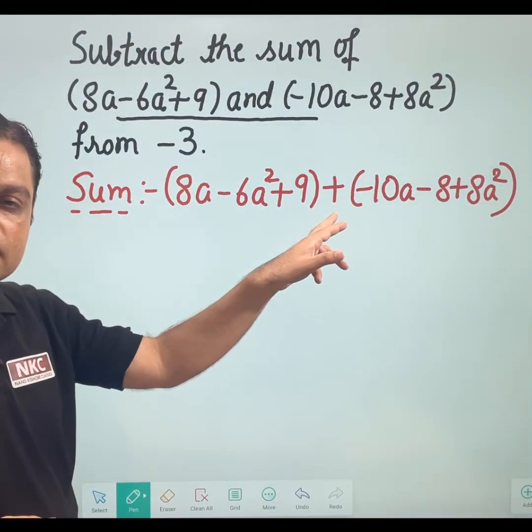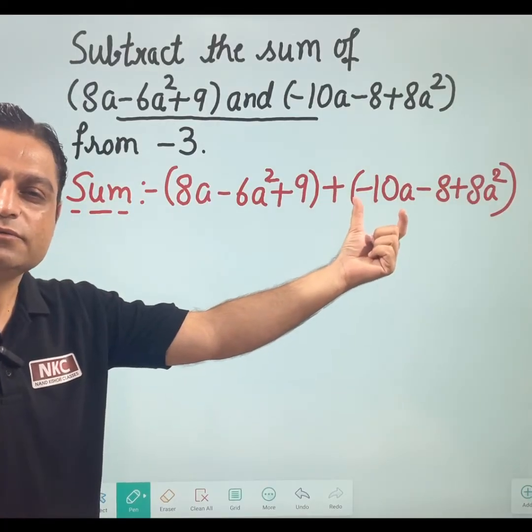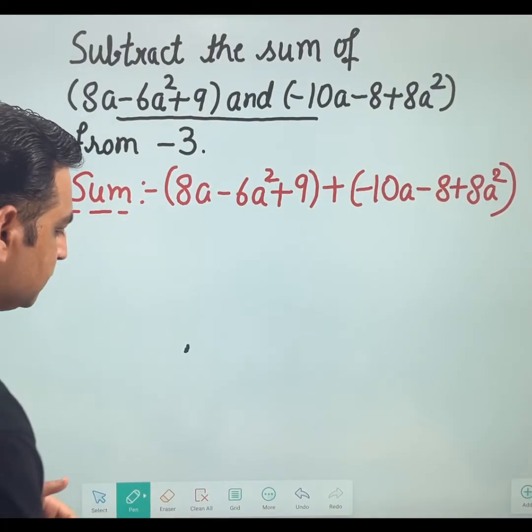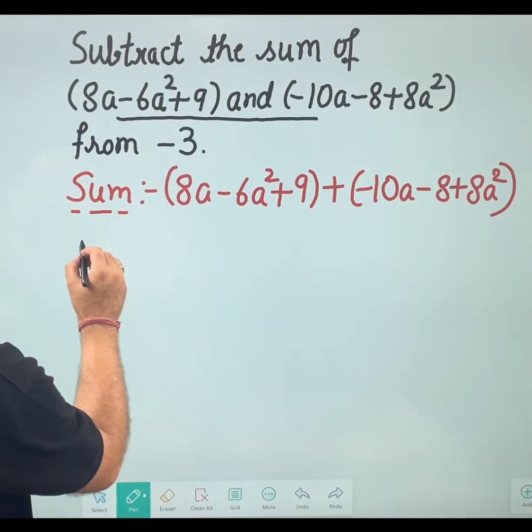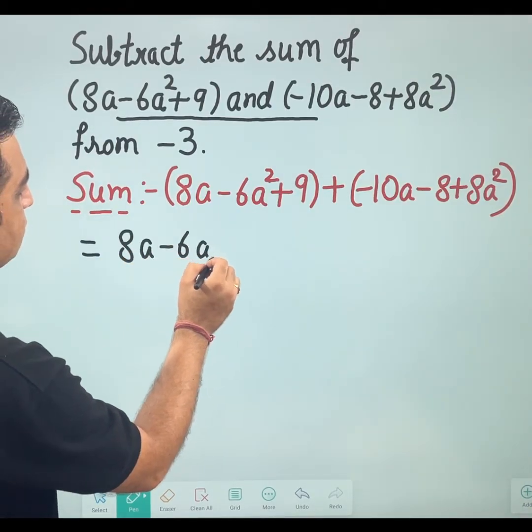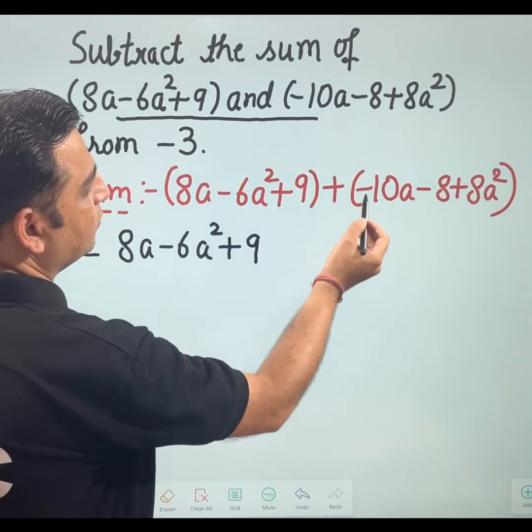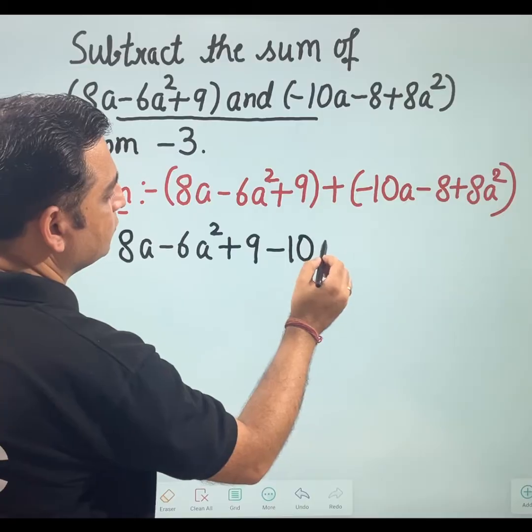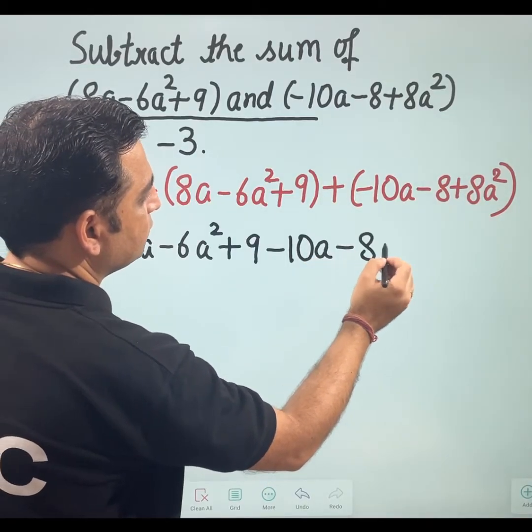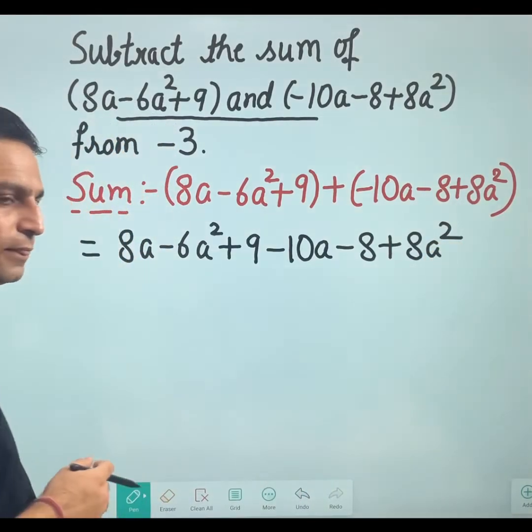Since a plus sign is there in between, there will be no impact on any term of the next bracket. So let me open the brackets first. I am going to write 8a minus 6a square plus 9, then minus 10a minus 8 and plus 8a square.